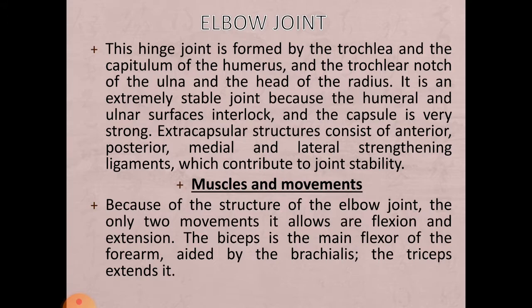and this is the antagonist of the biceps brachii muscle. It has the opposite action to the biceps muscle. Biceps is a flexor of your elbow joint, while the triceps is doing the opposite to the biceps. It is extending your elbow joint.